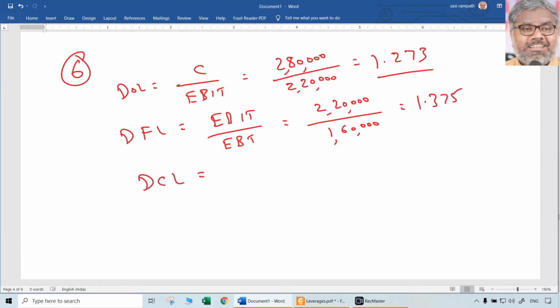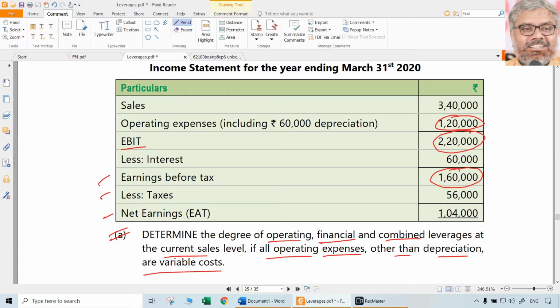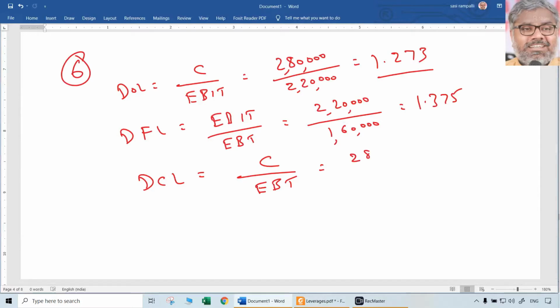Degree of combined leverage, directly we can use the formula contribution divided by EBT. That means 28 divided by 16. 2,80,000 divided by 1,60,000. That comes to around 1.75. This is degree of combined leverage.